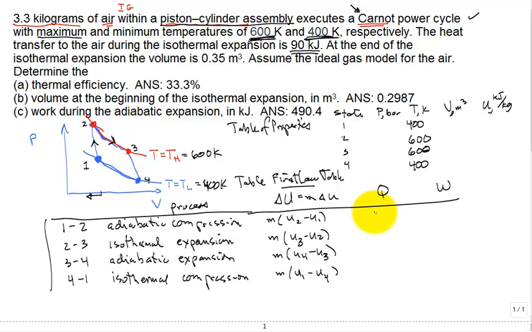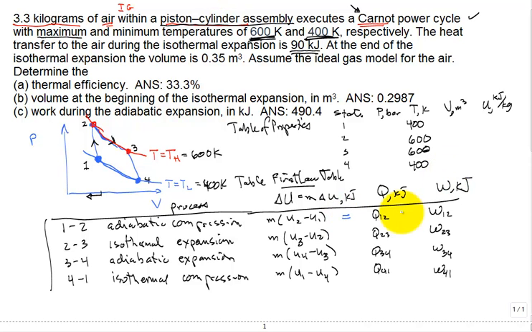And then I like to write this like this. Q1 to 2, Q2 to 3, Q3 to 4, Q4 to 1, and then the work 1 to 2, the work 2 to 3, the work 3 to 4, and the work 4 back to 1. All of these have units of kilojoule. And really what it is, you can see the line here.